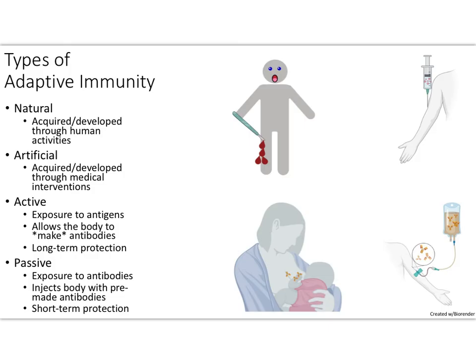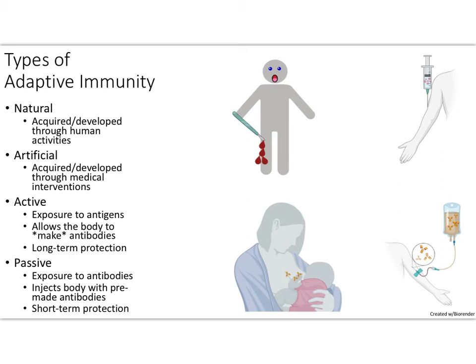So there is just one more thing we have to talk about when it comes to adaptive immunity, and that is the different types of adaptive immunity we can have. Now, everything that I'm saying on this page is a type of adaptive immunity because it deals with either the creation of antibodies inside the body or the exposure to antibodies from some other source.